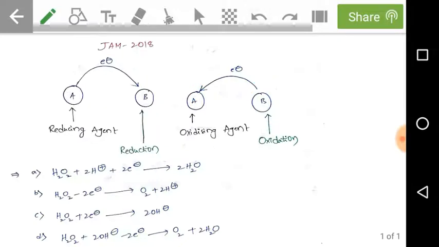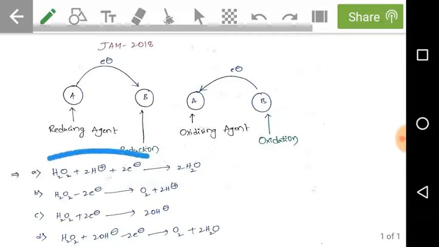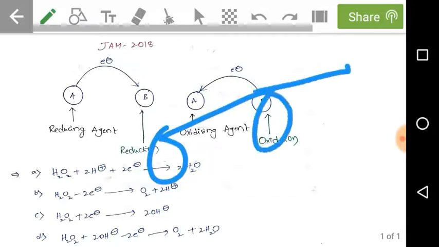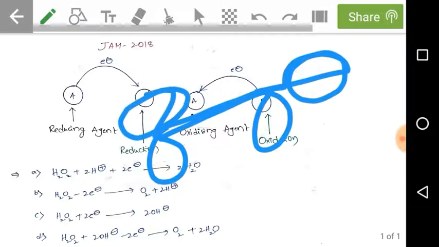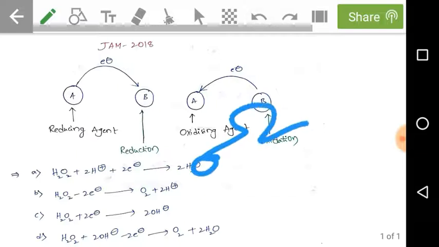Then let's check the reactions. Now we need to check the first reaction of hydrogen peroxide. On the reactant side, it is taking 2 electrons. We need to check the oxidation state of the central oxygen in hydrogen peroxide. In hydrogen peroxide, the 2 oxygens bear a negative charge each. In the product, water, the central oxygen has a -2 charge.